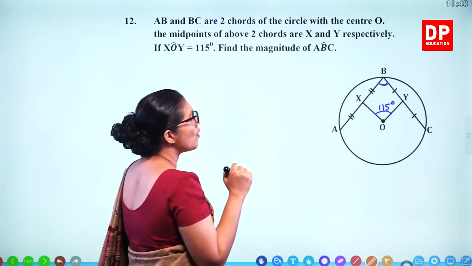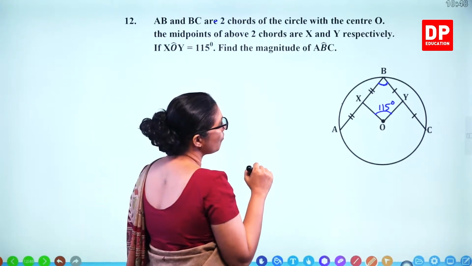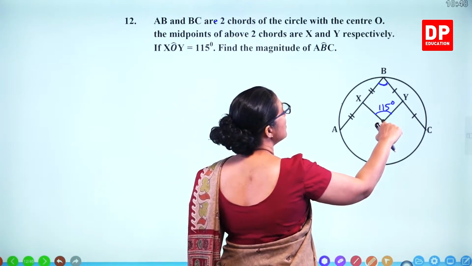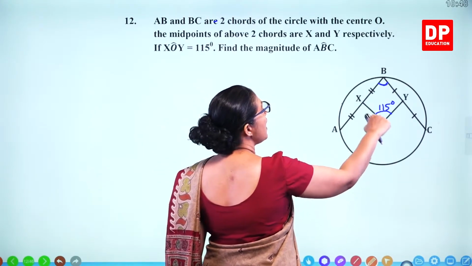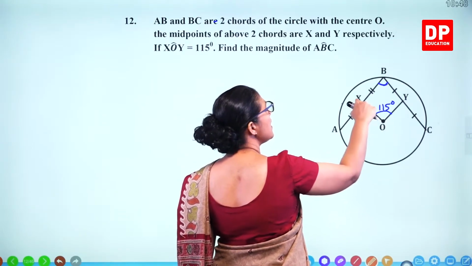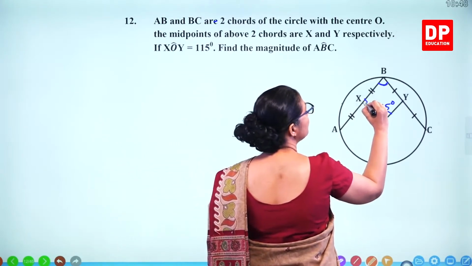How can we find out that one? From the center to the midpoint of the chord, this is perpendicular.